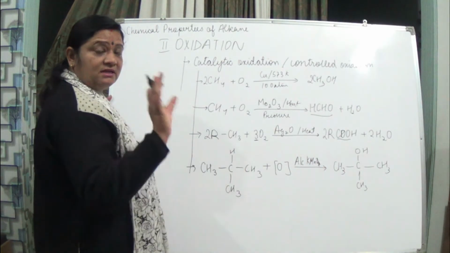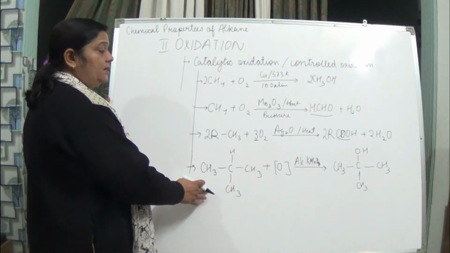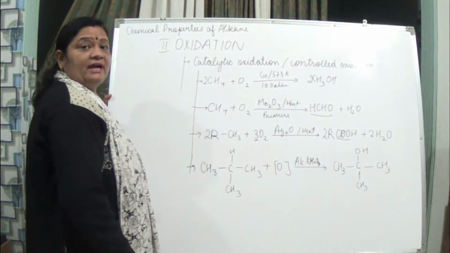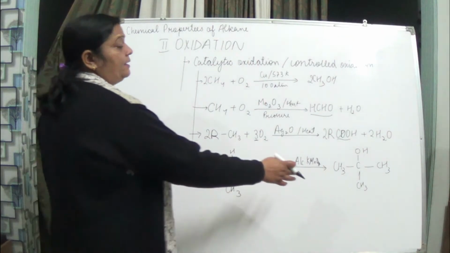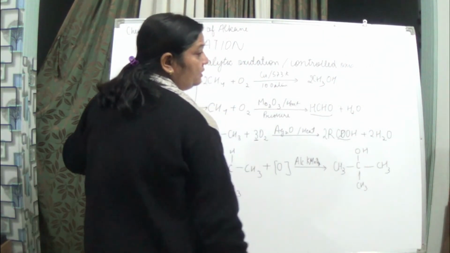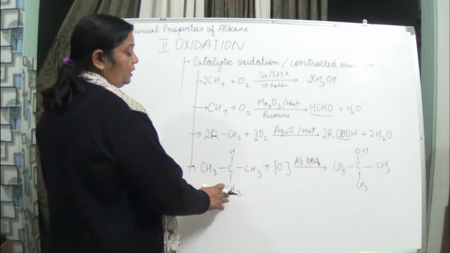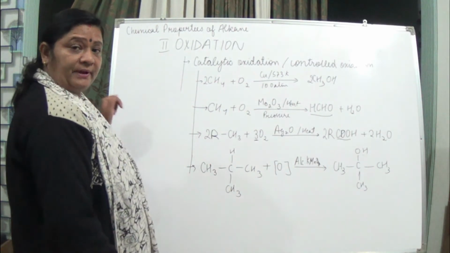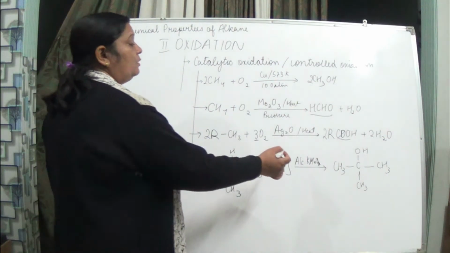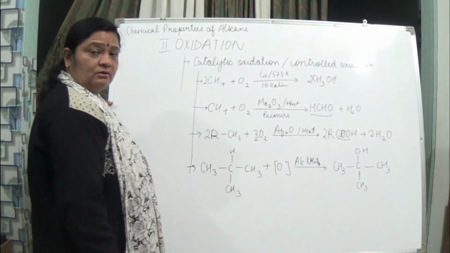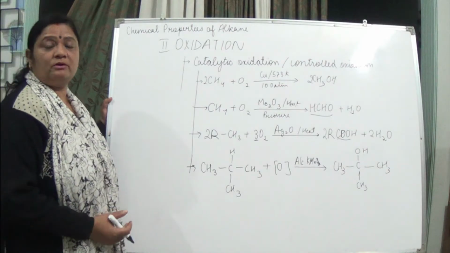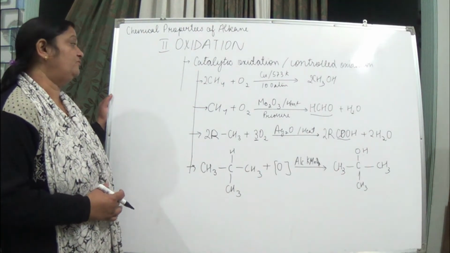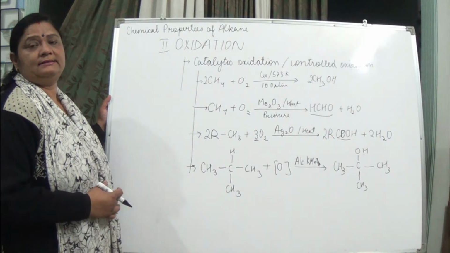Oxygen, the nascent oxygen, thereby turning it to tertiary butyl alcohol, isn't it? So tertiary butyl alcohol is formed from 2-methyl propane. Here alkaline KMnO4 is acting, and potassium dichromate also acts in some reactions, but basically they don't have much effect on alkanes.